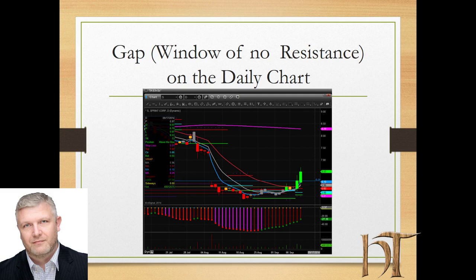You notice the volume was higher on the first break, the volume spike here, than it was on the second one. That's typical behavior.